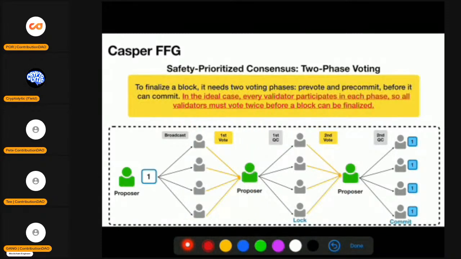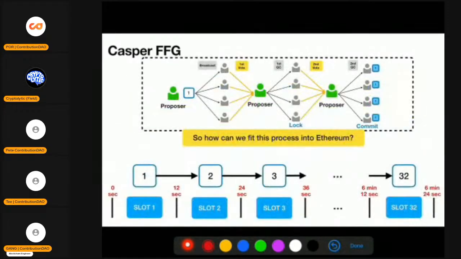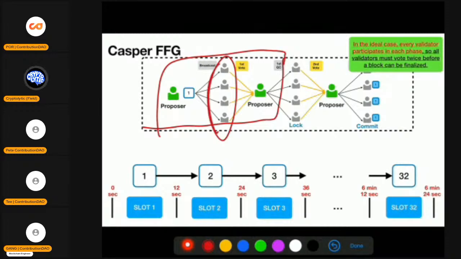And we are trying to map this picture into the LMD GHOST. So how is it going to happen? If you try to map them here, it means that in order to finish the first voting phase, you require all of the validators to vote for the block.